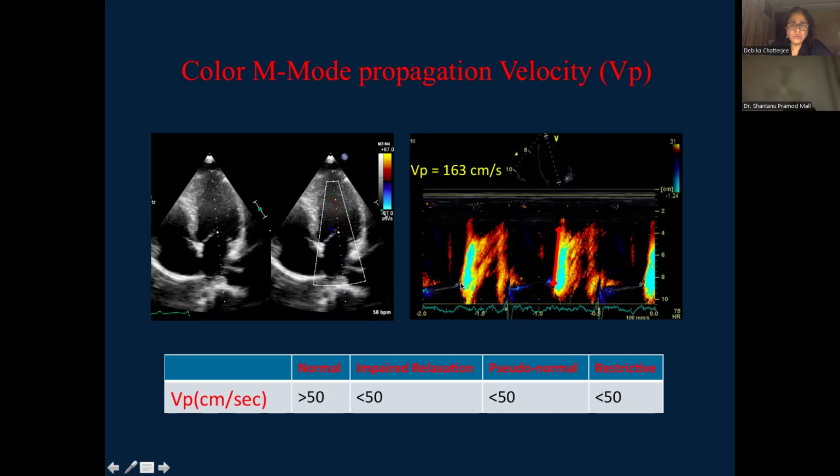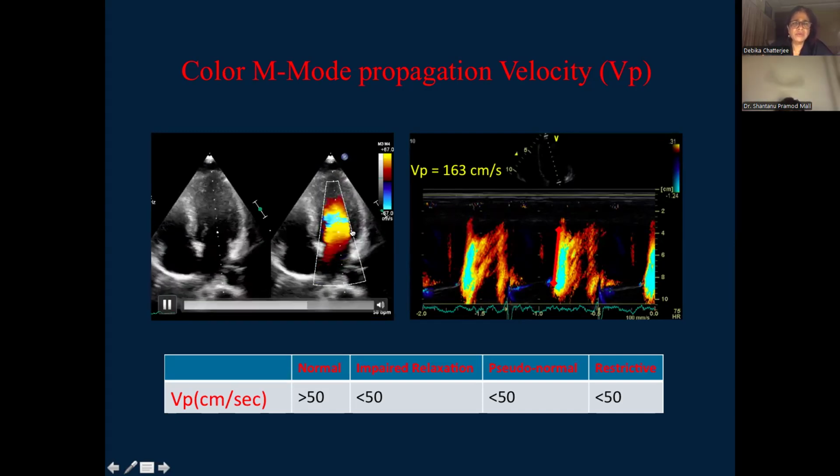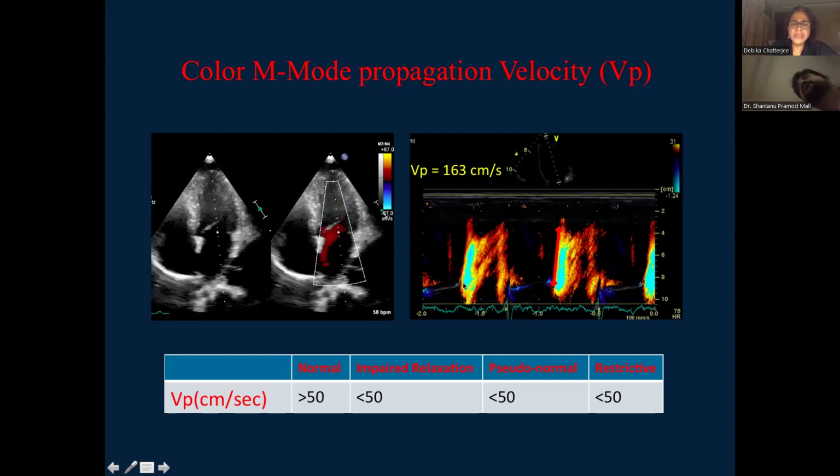The blood flows from the base of the LV towards the apex with a slope. If the relaxation is normal, this flow within the LV is very steep, with very fast blood flow. The LV sucks the blood from the left atrium almost into the left ventricle, making this slope very steep.